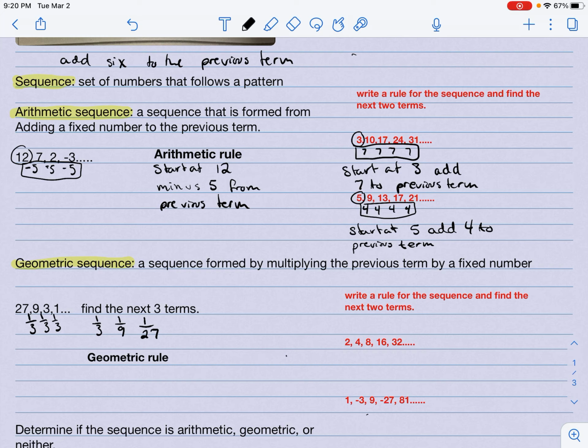Okay, so now to write the geometric rule. So same thing as the arithmetic rule, we're going to focus on the number that we start from. So start at 27. And now you could say divide by 3 or multiply by 1/3.